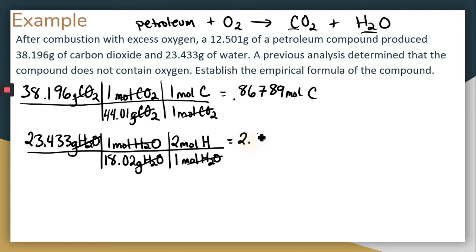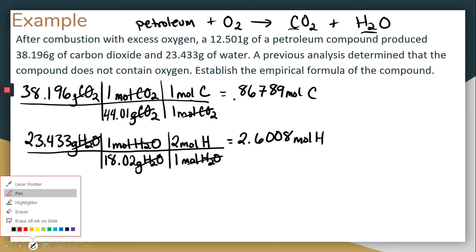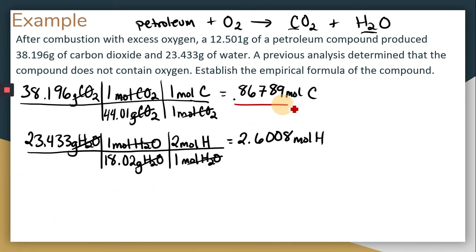Again, keeping our significant figures the same. All right, so then we're going to divide by the smallest, and the smallest is carbon. So we have 1 carbon in our petroleum, and we're going to divide hydrogen.